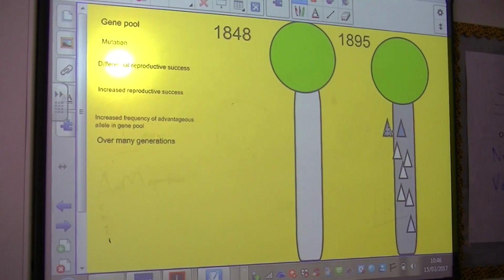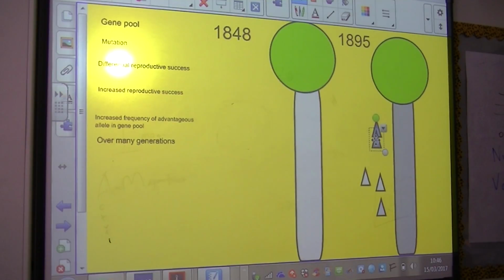We are now going to reduce the frequency of the speckled allele, the disadvantageous allele, because the speckled moths get eaten. They have decreased reproductive success. Our dark moths reproduce.